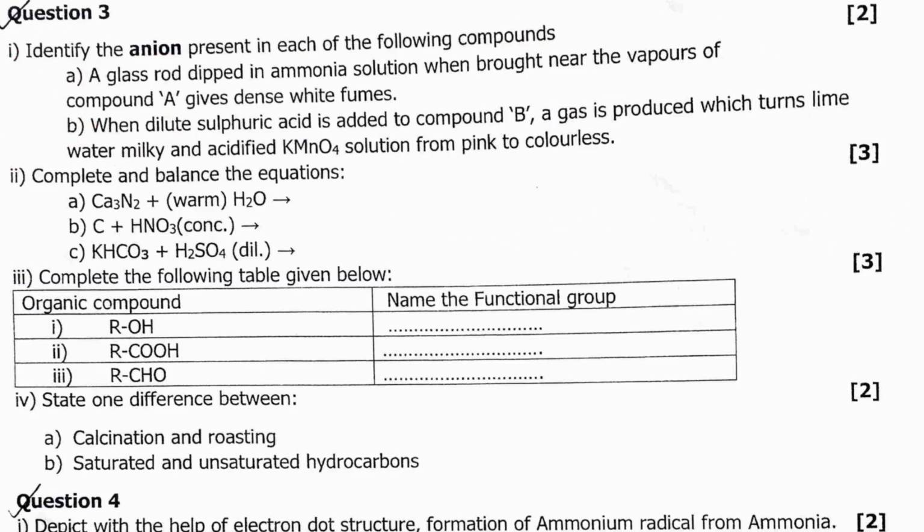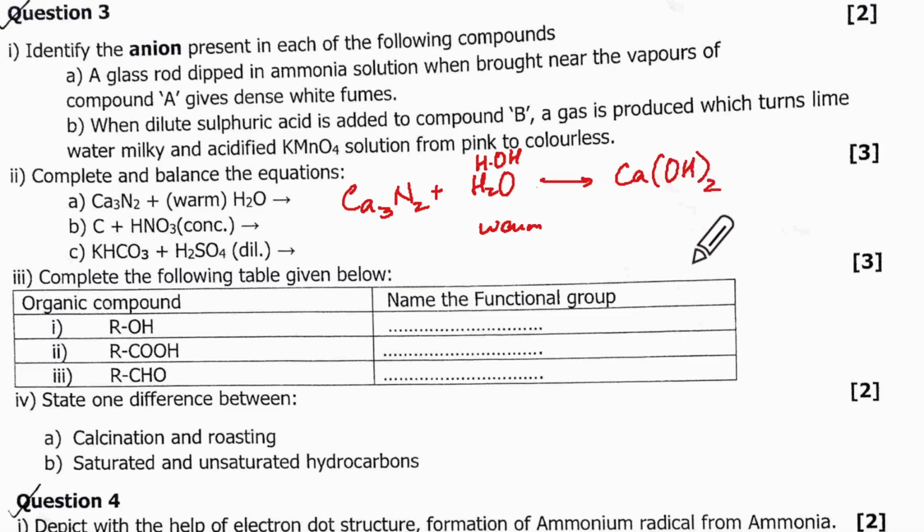Come to the balancing of equations. Write it down: Ca3N2 plus H2O, warm. Now this one has to be seen as HOH. Quickly write that H and OH. Ca will take OH. It will become Ca(OH)2.